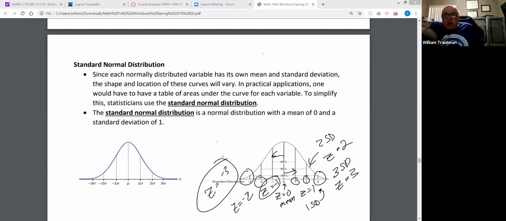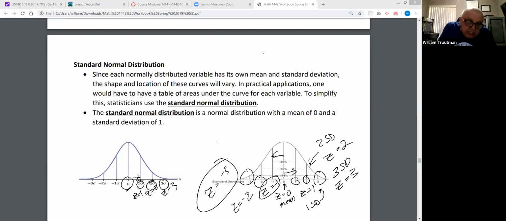Z values are standard deviations. Once again, 1 standard deviation away from the mean, 2 standard deviations, and 3 standard deviations. We could say this z value equals 1, this z value equals 2, and this z value equals 3.